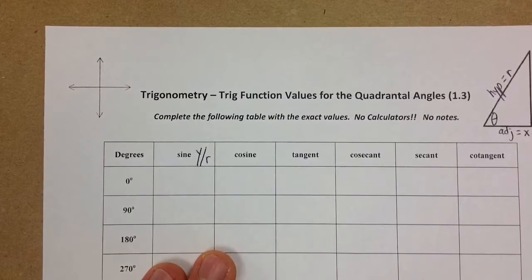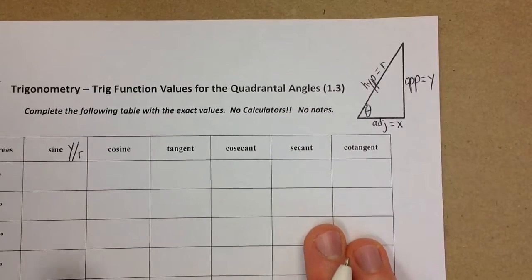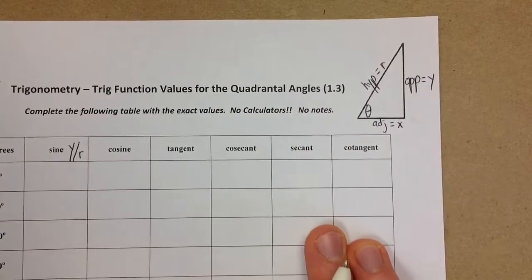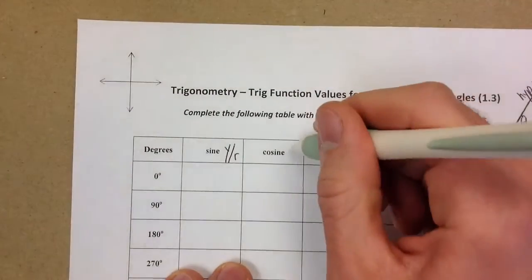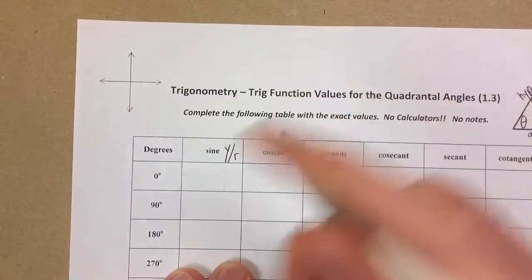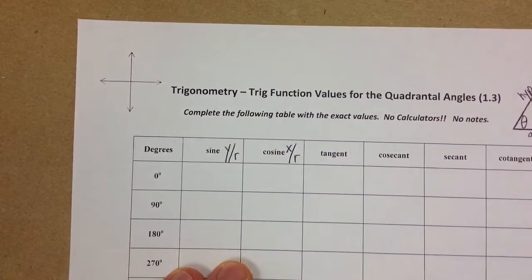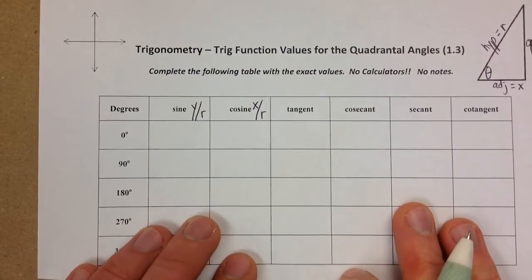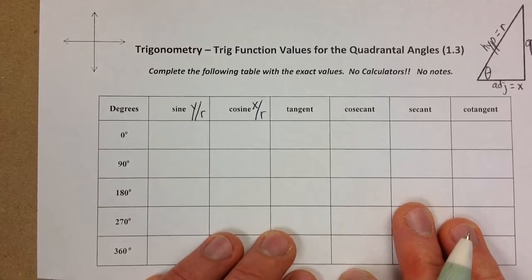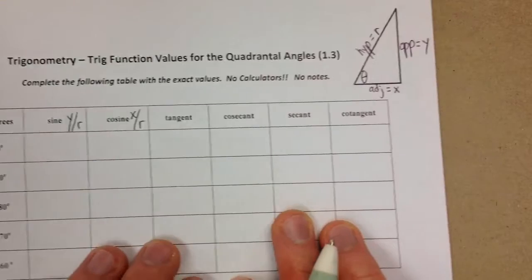Cosine definition? That's true, in terms of x, y, and r, though? Very good. Tangent definition, in terms of x, y, and r? Opposite over adjacent, that's true.